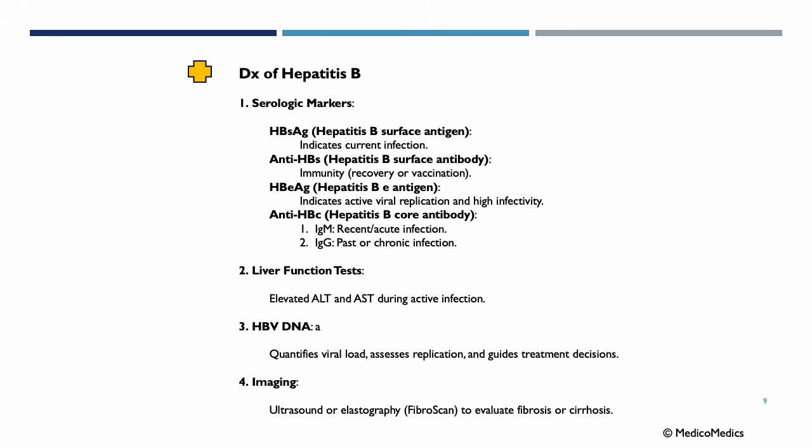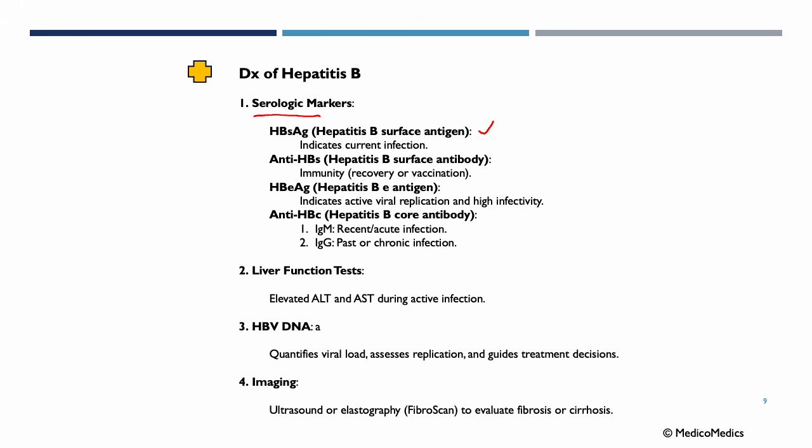So in our blood workup for diagnosing hepatitis type B, we will first look at serological markers like the hepatitis B surface antigen. The presence of the hepatitis B surface antigen in the blood will indicate an ongoing infection.